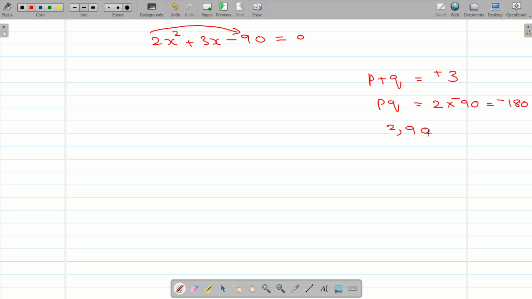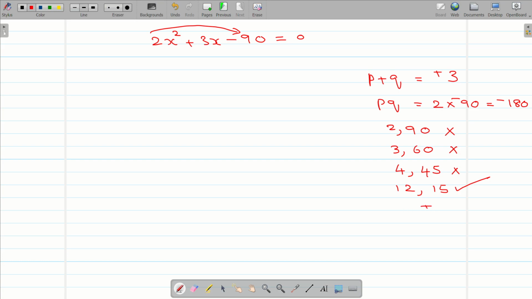2 and 90. If the product is negative, we are going to see the difference of the numbers. Then 3 and 60, no. 4 and 45. 12 and 15, yeah, the difference is 3 here.